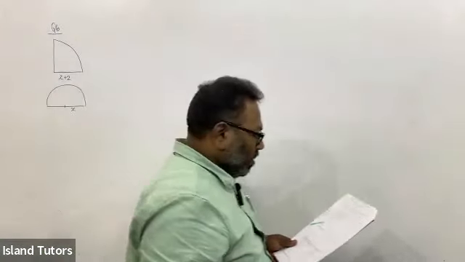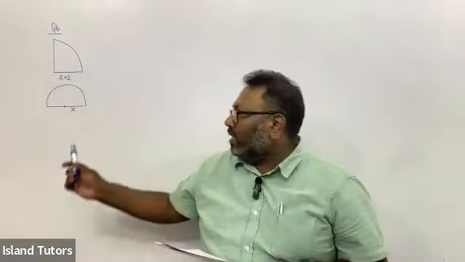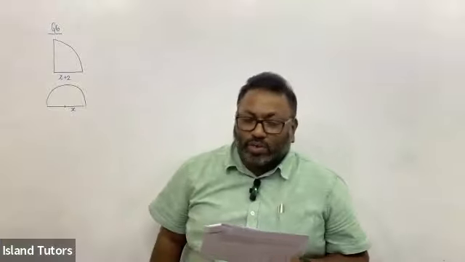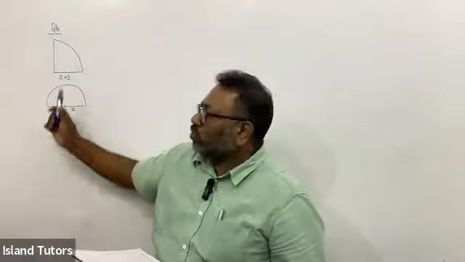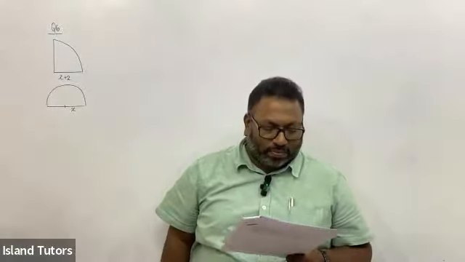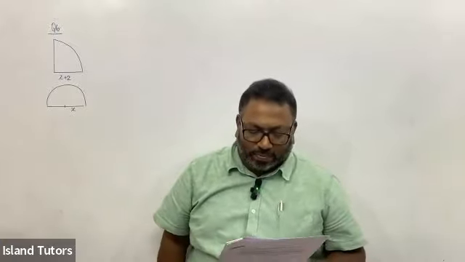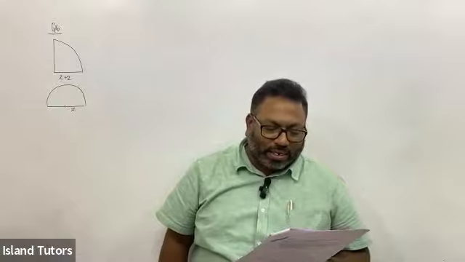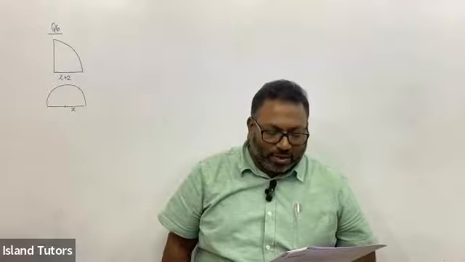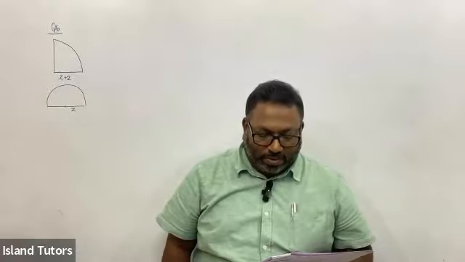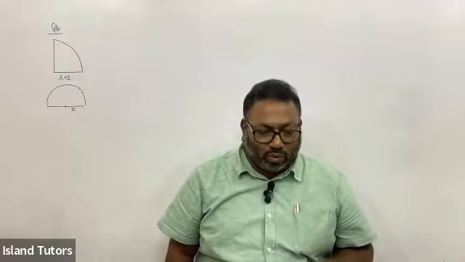The two plane figures shown below are respectively a half circle of radius x centimeters, x units, and a quarter circle of radius x plus 2 units. If the areas of the two plane figures are equal, construct a quadratic equation in terms of x, and by solving it, find the value of x to the first decimal place. Use 1.41 for the value of square root of 2.